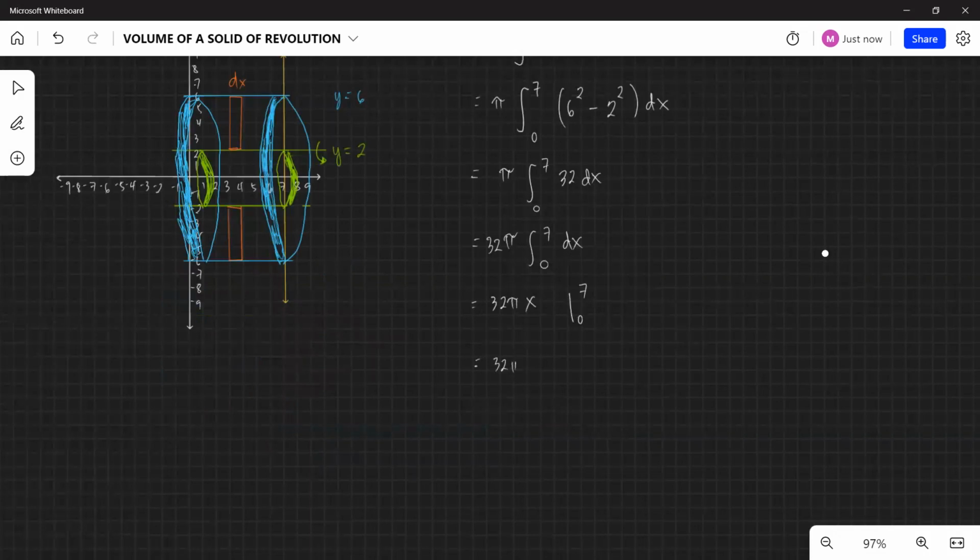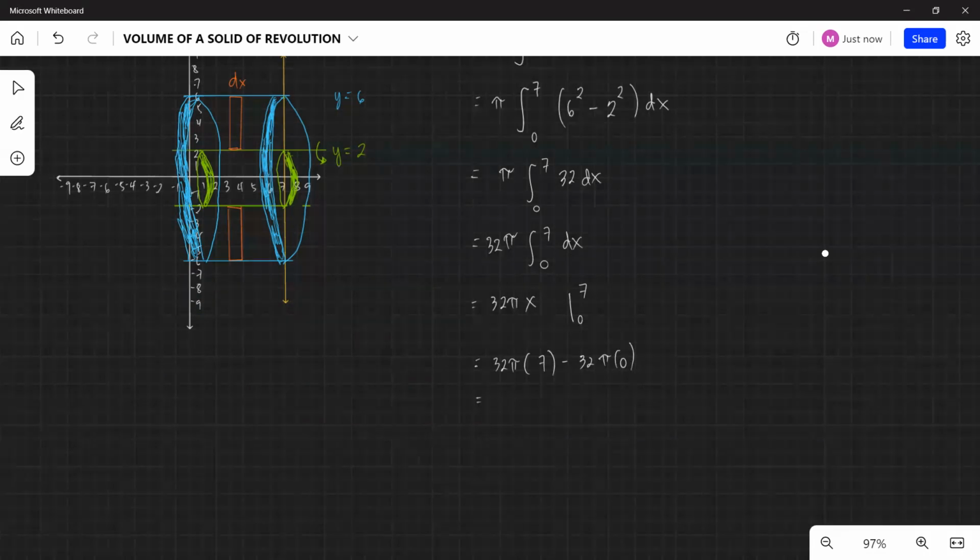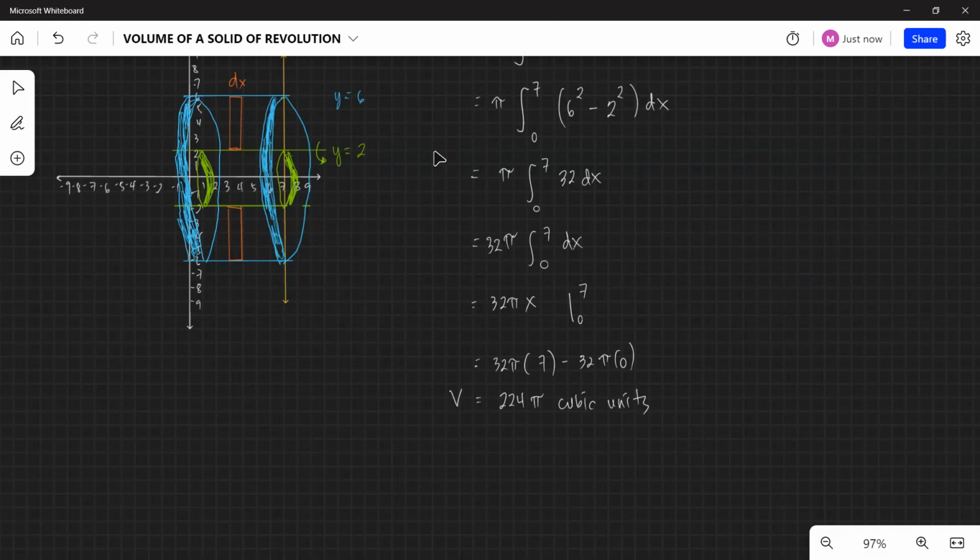So it's 32 pi times 7 minus 32 pi times 0. 32 times 7 is 210 plus 14, so that's 224 pi minus 0. So that's 224 pi. Don't forget the units: cubic units. That's the volume of this solid of revolution.